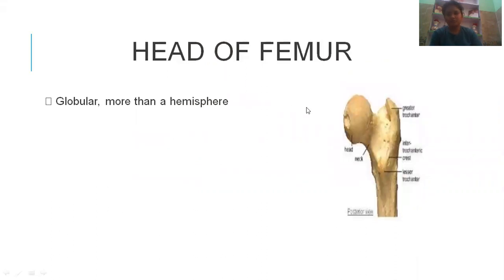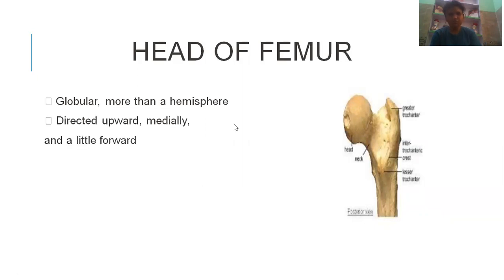Now, head of the femur. The hip joint is formed by the femur and hip bone. The femur has three parts: upper end, shaft, and lower end. And in the upper end, there is a head.